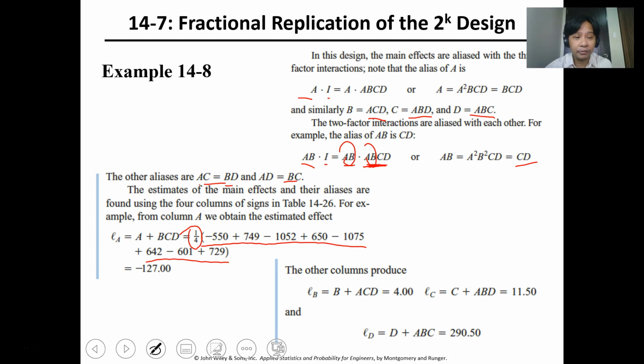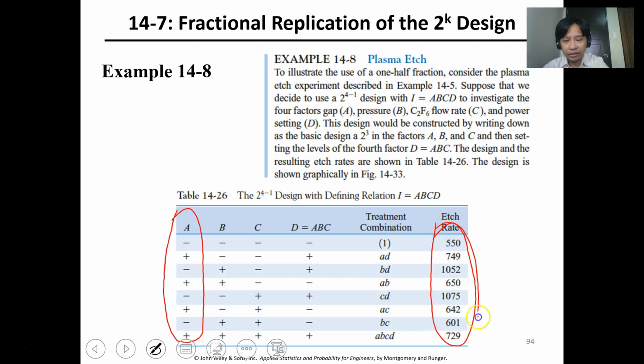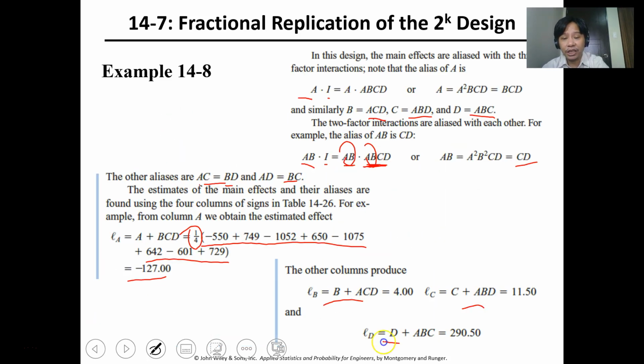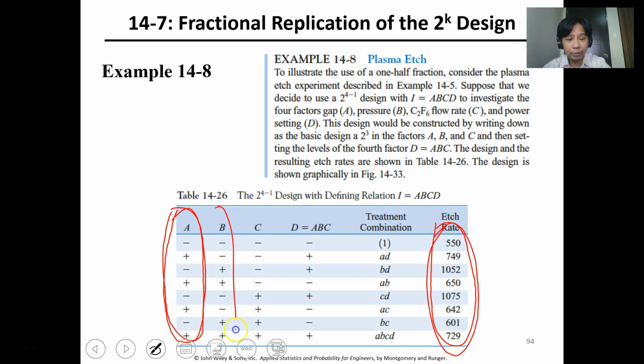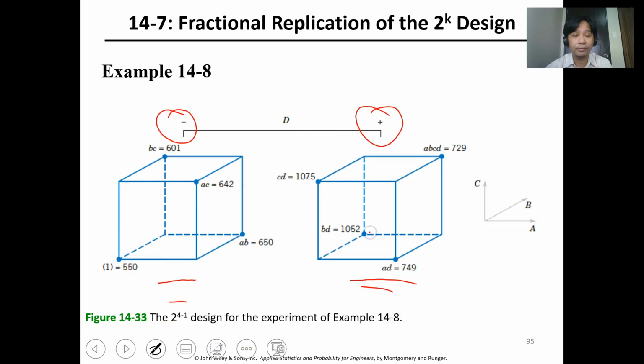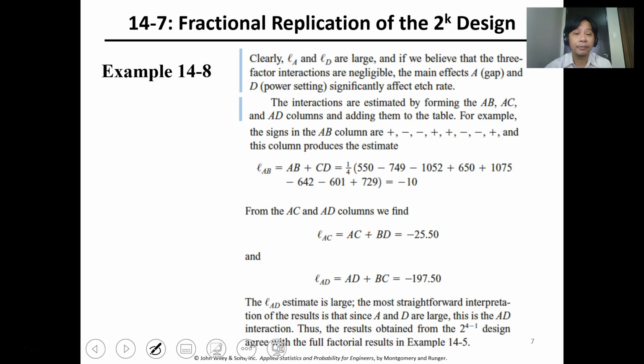So you have lA as negative 1.27. So ito lang yan. So you just have this sign. So for B, C, at saka D, you utilize this B sign, C, ito yung sa D. Okay. So ito yung combination na. Okay, so nakuha mo na yan.